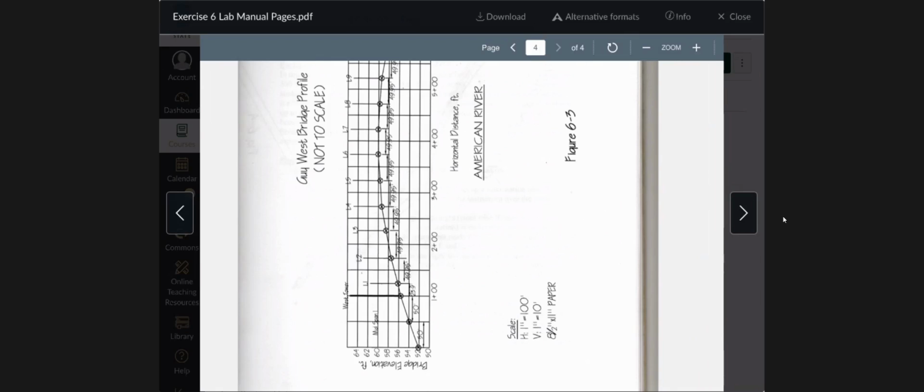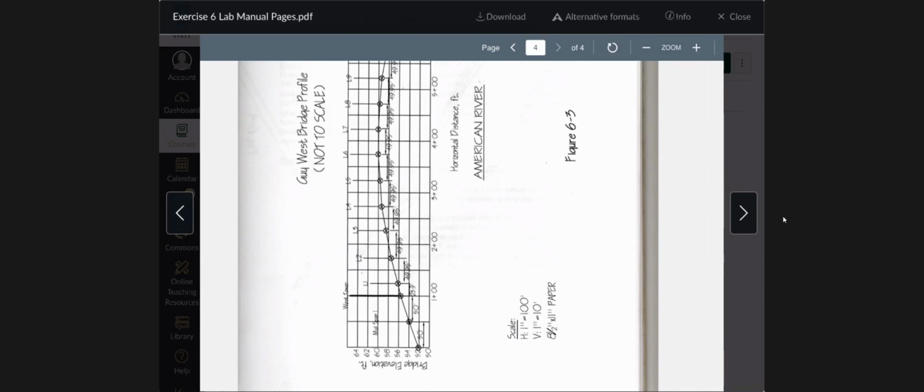Does anybody not know how to use an engineering scale? You've got 6 scales on there, 10, 20, 30, then you turn it around, and on the other end, you've got 40, 50, and 60. Those are just ratios. If you're drawing 1 inch equals 10 feet, you're using the 10 scale. If you're drawing 1 inch equals 100 feet, you're still using the 10 scale.